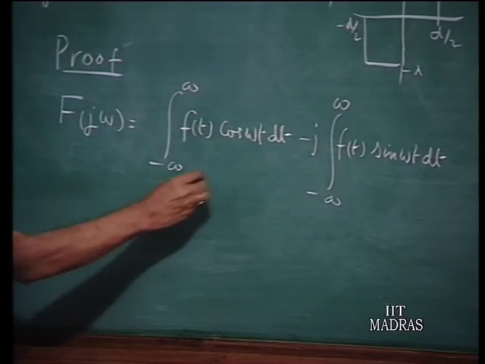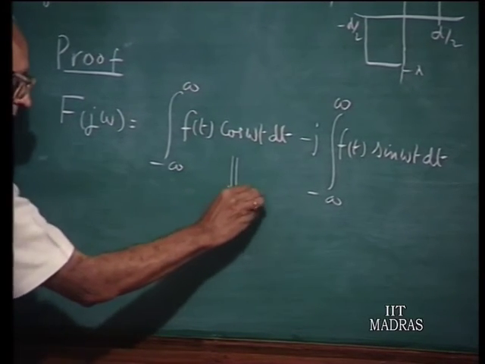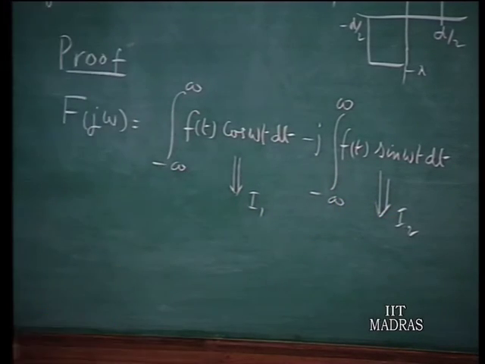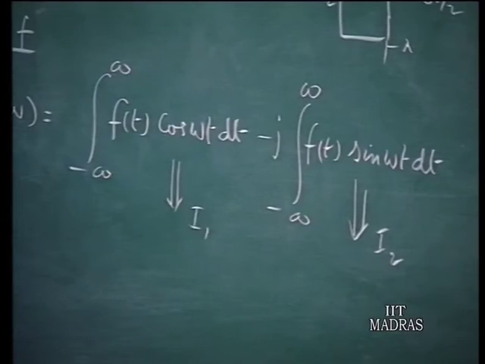Now if you call this integral I1 and call this integral I2, then we notice that if f of t is even, the product f of t cos omega t is also even. Therefore we are integrating, as far as I1 is concerned, between two symmetrical limits. So whatever sequence of values this integrand takes from minus infinity to 0, it takes from infinity to 0 as well.